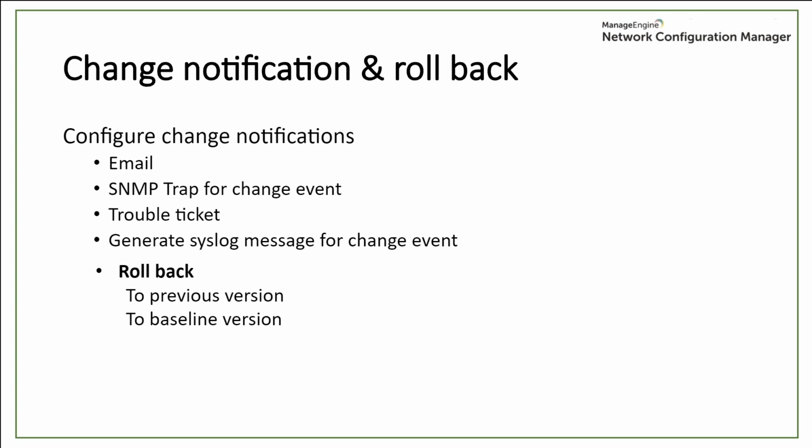For critical devices such as a core router or a firewall, you can give the rollback option to the previous version or to the baseline version so that no changes will be implemented in those devices. Now let me quickly show this to you.